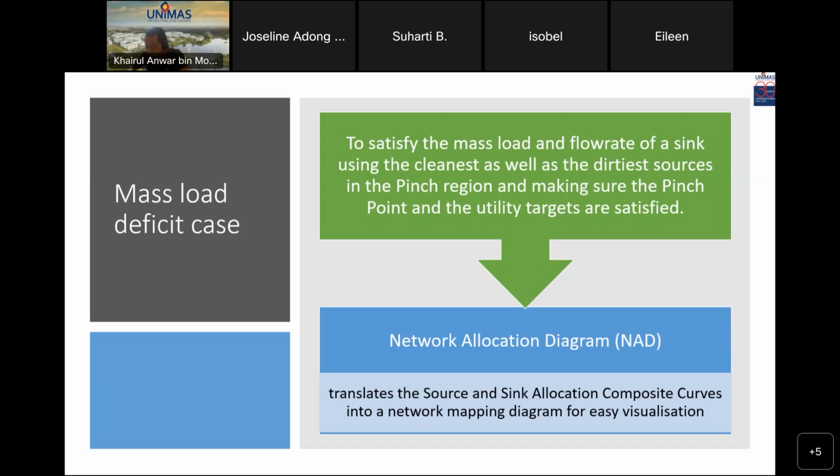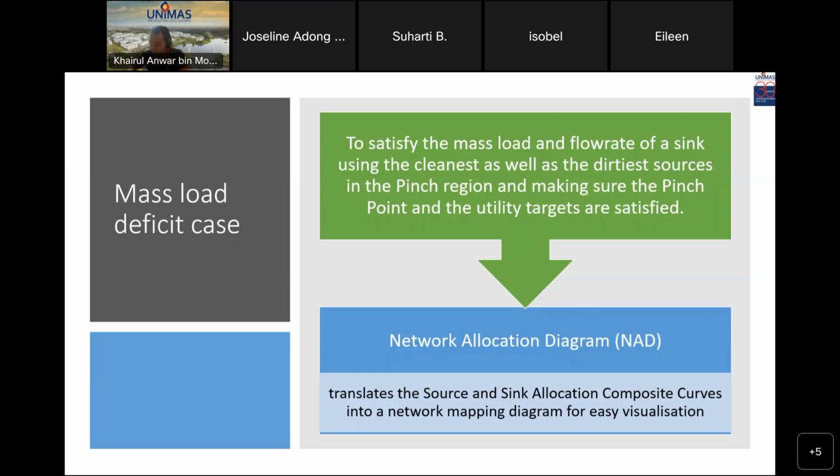Therefore, using the cleanest source that does not meet the mass load of a sink results in an excess mass load of source and ultimately an unsatisfied flow rate for the subsequent sink. Hence the mass load deficit case.